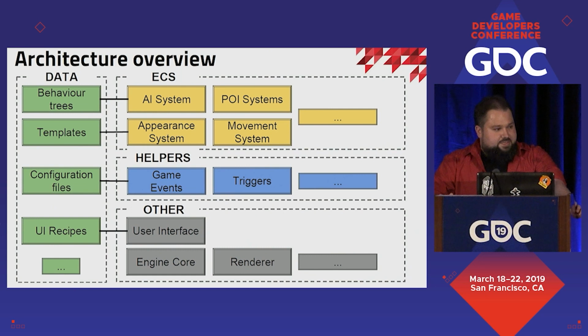Then we've got templates, configuration files, which I'll cover in a moment, and other things like user interface, like the engine render, and so on. So the game state is held by entity component systems with some helper classes that manage configuration files, and the rendering and user interface input is like a black box in this talk.